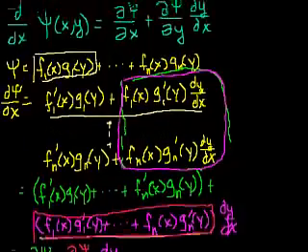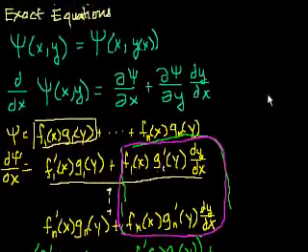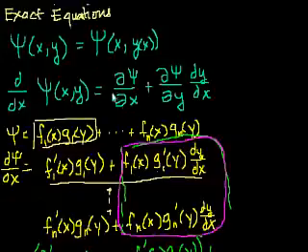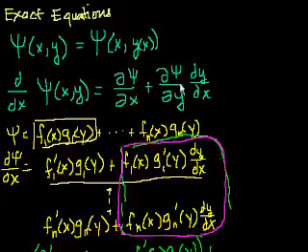So that's essentially all I wanted to show you right now in this video, because I realize I'm almost running out of time. That's the chain rule when you're taking a derivative with respect to one of the variables, but the second variable in the function is also a function of x. The chain rule is this: if I have xi as a function of x and y, and I take not a partial derivative but the full derivative of xi with respect to x, it's equal to the partial of xi with respect to x plus the partial of xi with respect to y times dy dx.